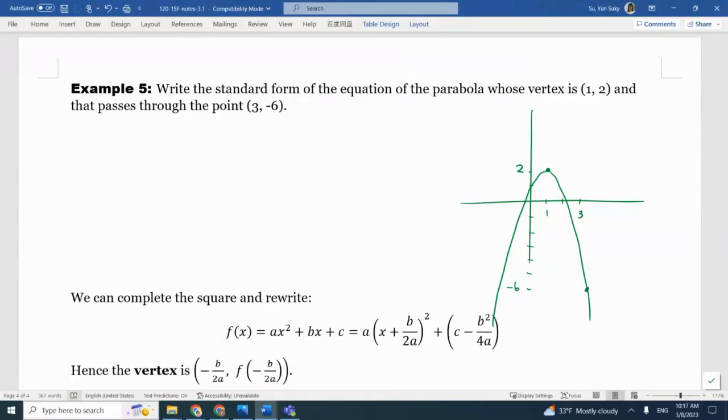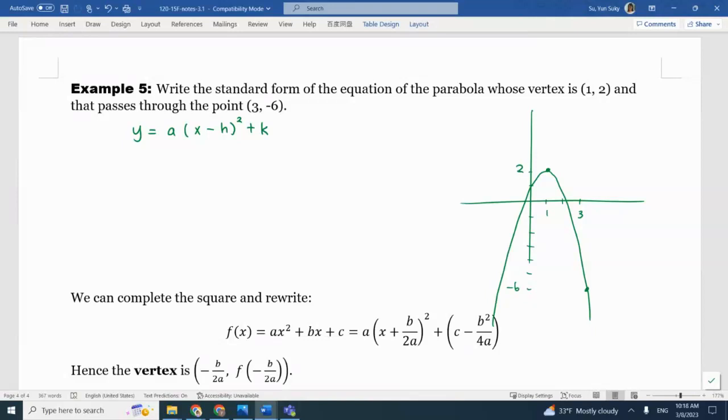Right? Now, what do we do? Write down the vertex form. Okay? Y equals A times (x minus h) squared plus k.